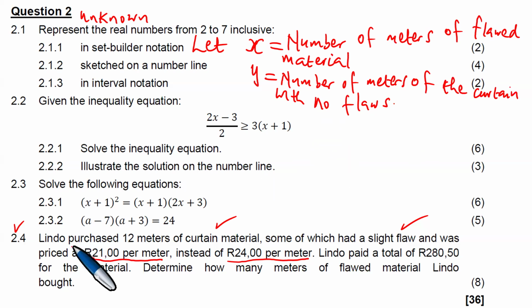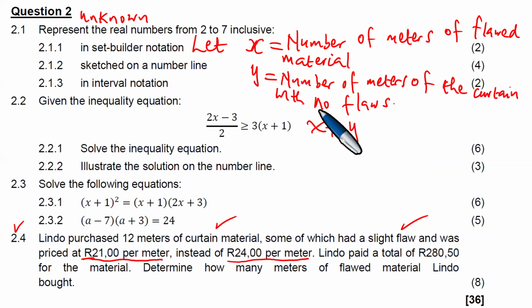So what is the total number of meters that Linda bought? Linda bought 12 meters. So it means X, which is flawed, the bad one, and the good one, which is okay.